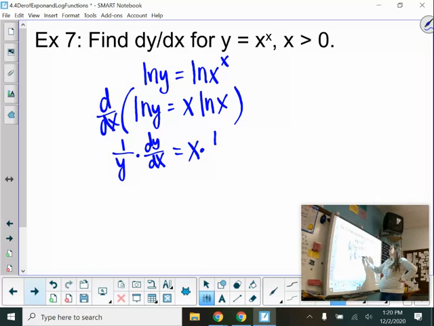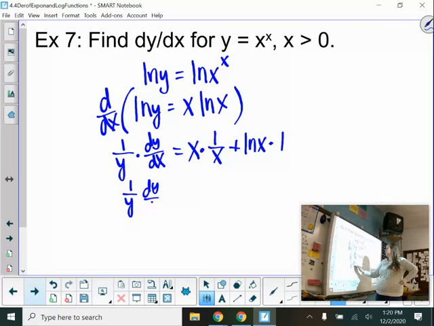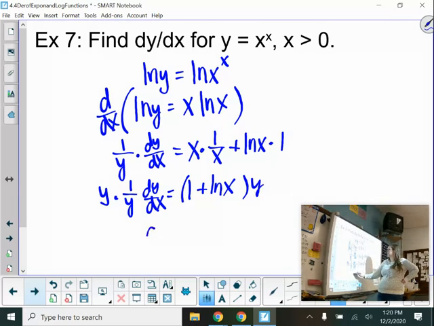So that's the first times the derivative of the second, and then times 1, because the derivative of x is 1, plus the second times the derivative of the first. So I have 1 over y times dy dx is equal to 1 plus natural log of x, and then to get rid of this 1 over y to solve for the derivative, I would multiply both sides by y. So your derivative is going to equal exactly what we have here.